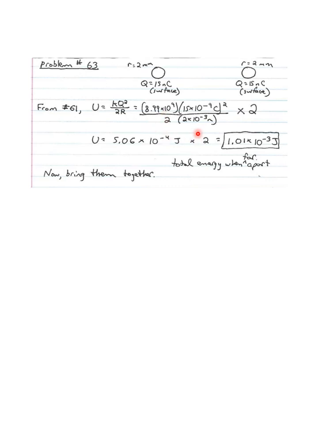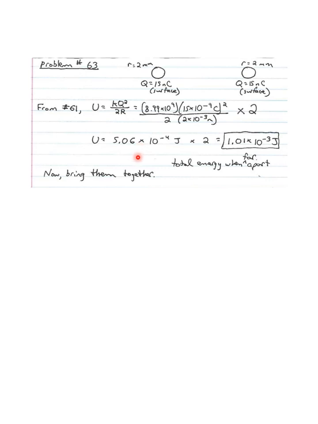Divided by 2, divided by the radius, 2 times 10 to the negative 3 meters. This will give you the energy in one drop. And then we're going to multiply by 2 because there's 2 of them. If you go through the calculation, you find that the total energy is 1.01 times 10 to the negative 3 joules. And that's the energy when they are far apart.